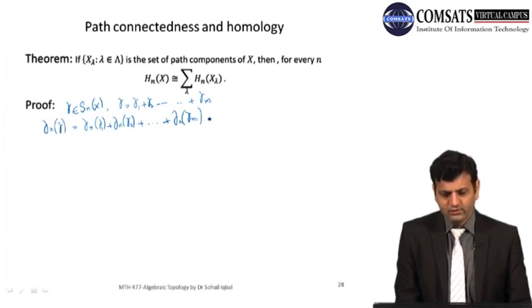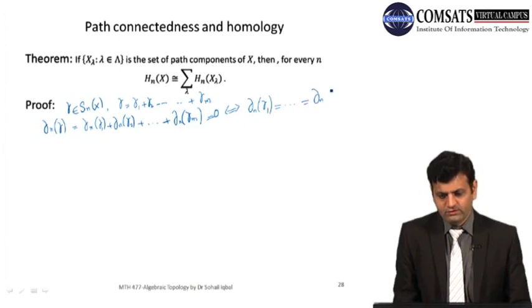This is equal to 0 if and only if partial n of gamma 1, and so on, all of them are also 0.